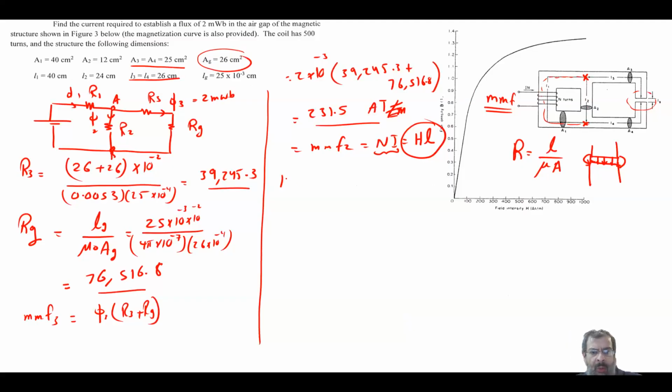So your H would equal MMF2 divided by L2. We have everything.